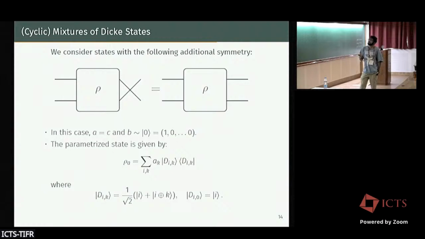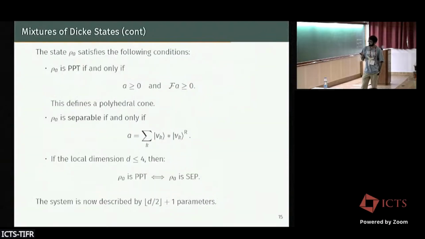The parameterized state is now diagonal in this basis, called the dk basis, where d_ik is just i plus k, and there's a proportionality factor. These parameterized states are now described by only one vector, so it's easy to look at the geometry.